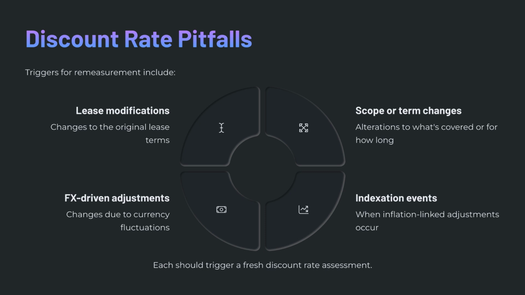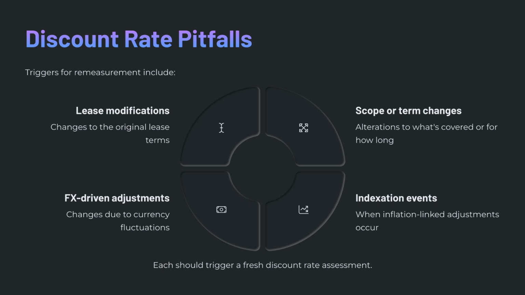That still triggers remeasurement of the lease liability, but you use the original discount rate. Why? Because it's not considered a lease modification. It's an expected change baked into the original terms. So, modifications equals new discount rate. CPI-driven uplifts equals same discount rate but updated liability.